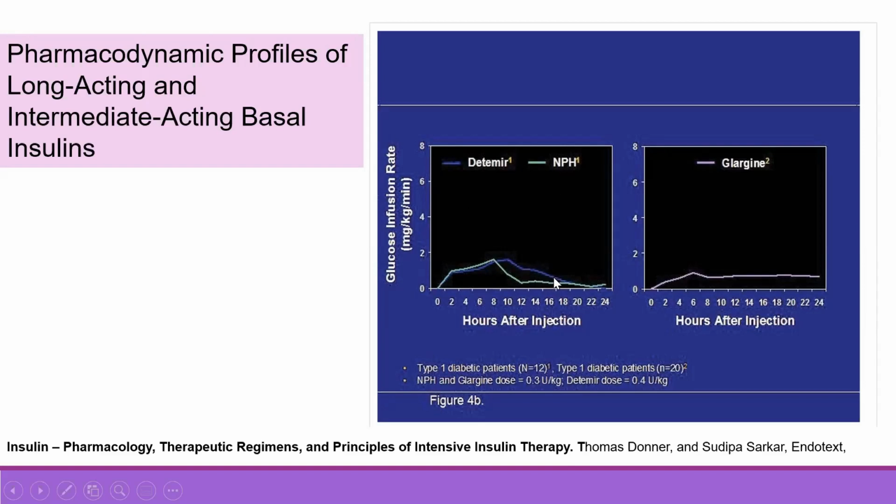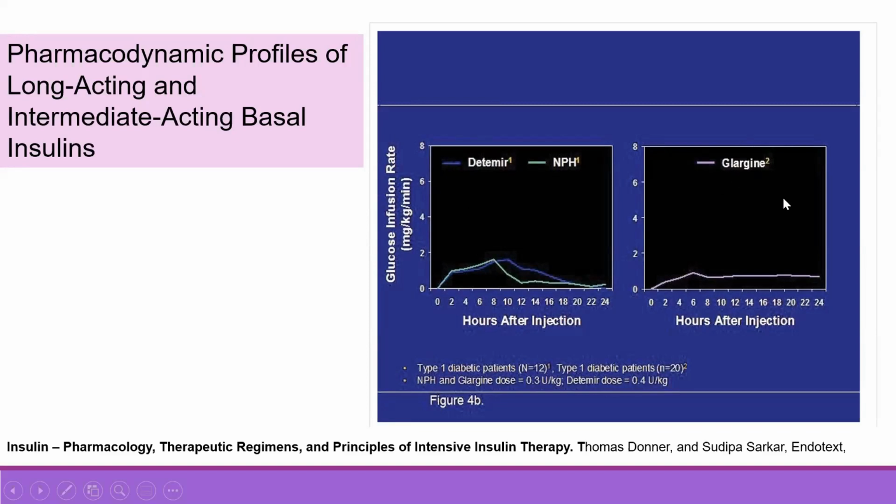But as per my personal experience, even though the duration of action is slightly better than NPH, in many situations we have to give detemir twice a day, and therefore it is not actually a very good long-acting insulin.